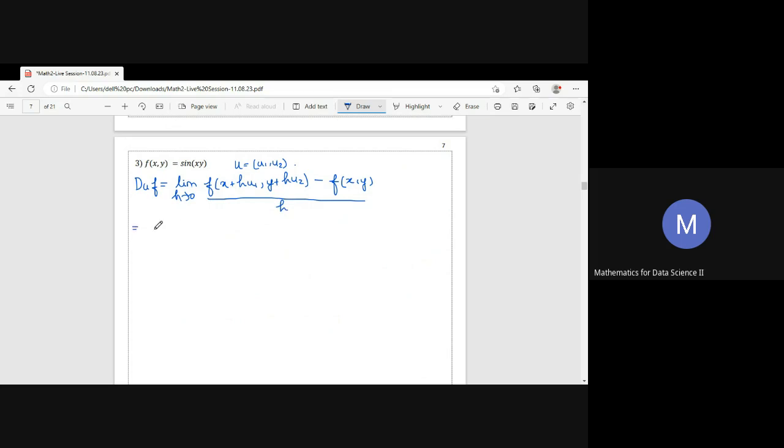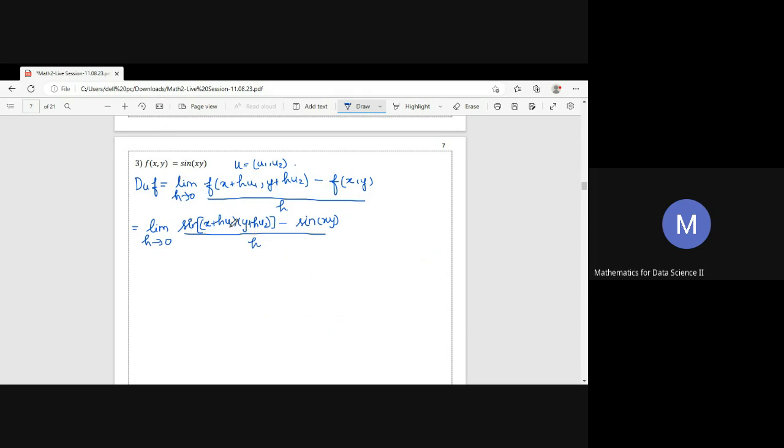So this is limit h going to 0, sine of x plus hu1 into y plus hu2, minus sine xy, the whole divided by h.